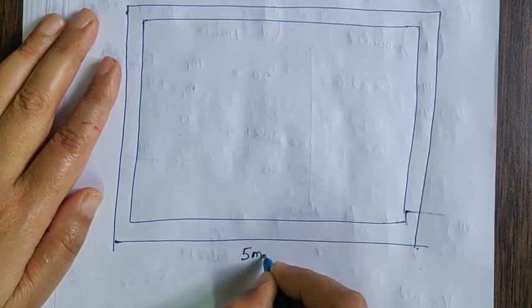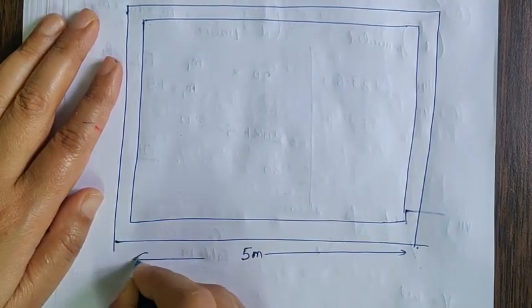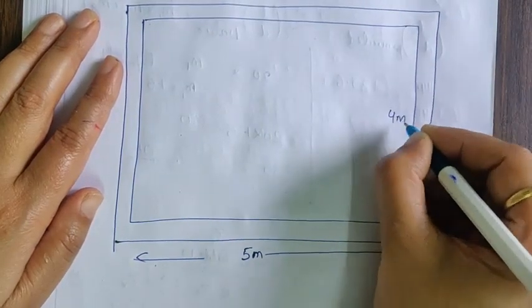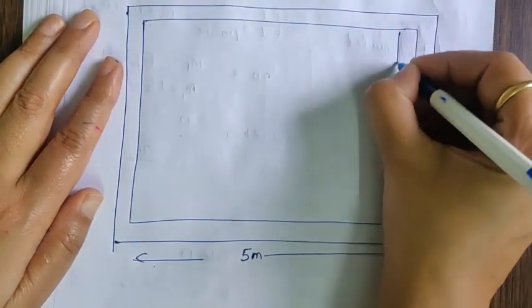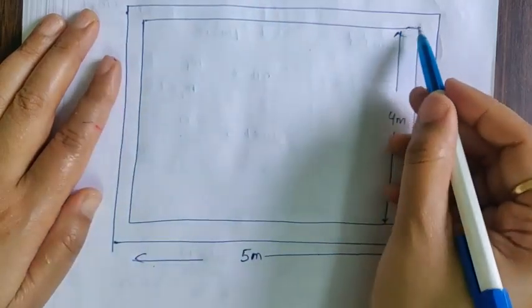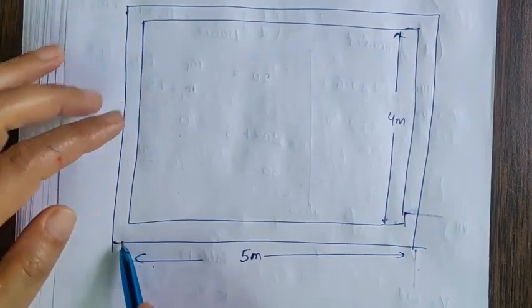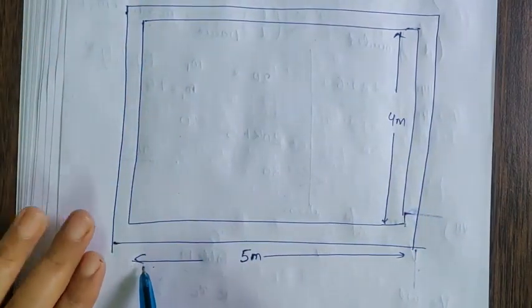This is 5 meter span. This is 4 meter span as the internal dimension. We have 230 millimeter as the depth on all the four sides.